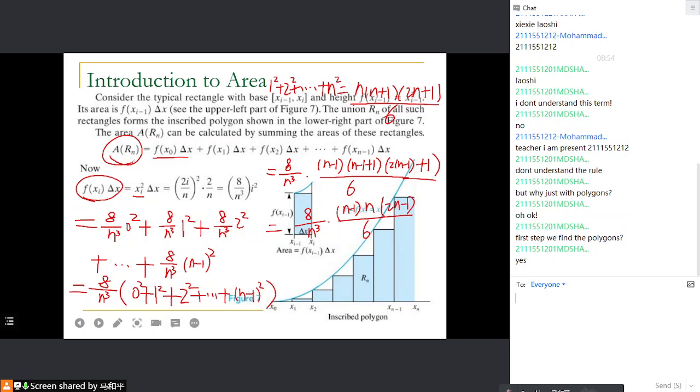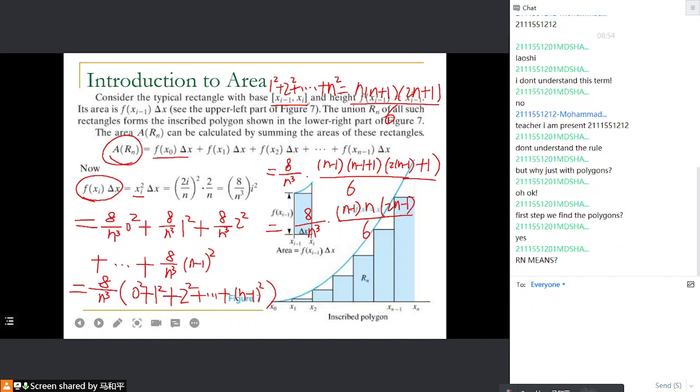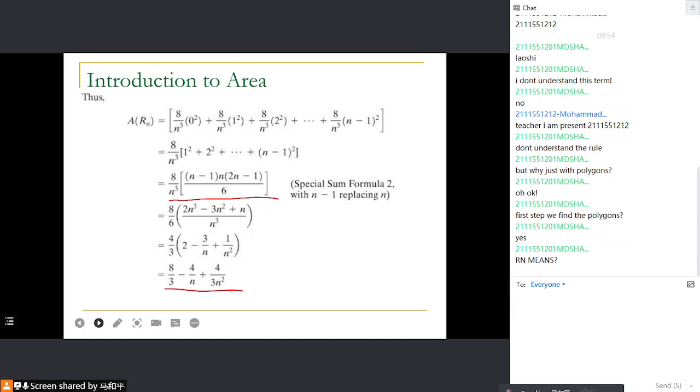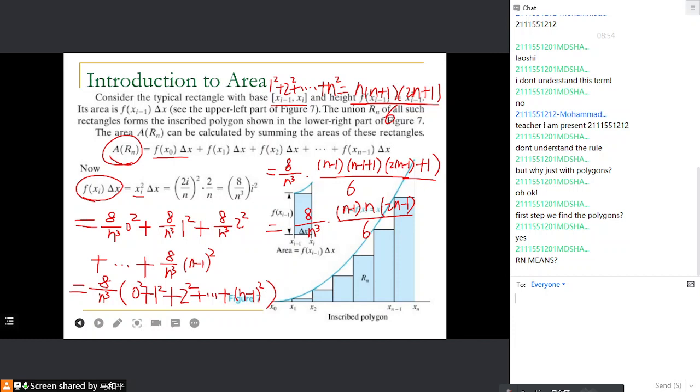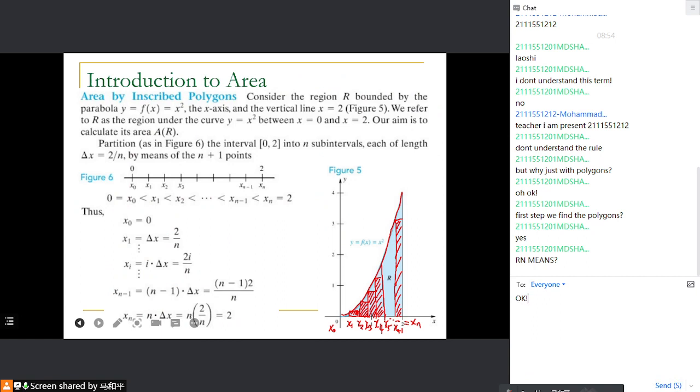So you should know that the base is xi minus 1 to xi, and the height is f(xi minus 1). What does Rn mean? Rn means a rectangle.